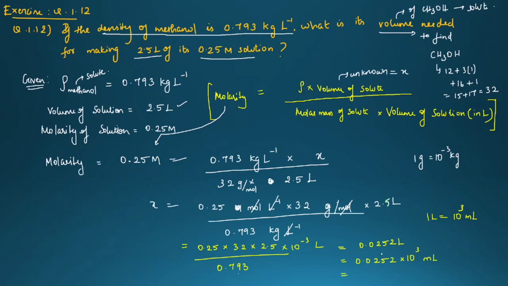Since it is 10 power 3, we take the decimal 3 times to the right, so it will be 25.2 milliliters. We can write the final answer as volume of the solute is equal to 25.2 milliliters. That is, 25.2 milliliters of methanol is required.